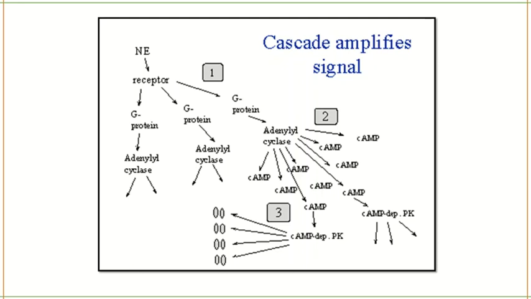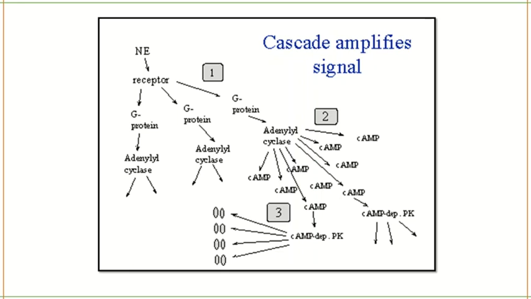Let's say the hormone, epinephrine or norepinephrine, is binding to your G protein coupled receptor. So your receptor will get activated. This activated receptor does not activate only one G protein. It will activate several G proteins.